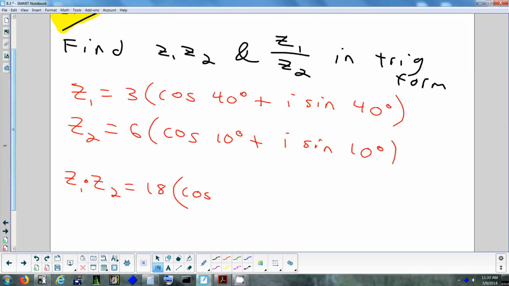What is going to be my angle? 50. And you're done. All that took the place of the foiling and all the other stuff I said, and that's the answer. And that's it. You don't do anything else with that. So any questions on how to multiply two complex numbers in trig form?